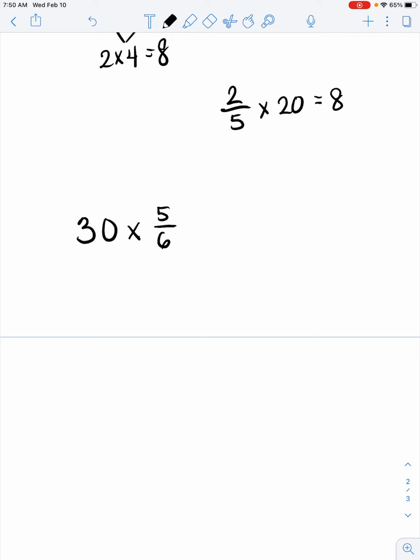Do I have to draw 30 rectangles? Well, let's think about what we know about math that we can apply to this. The first thing we know is the commutative property of multiplication and addition tells us that we can change the order.